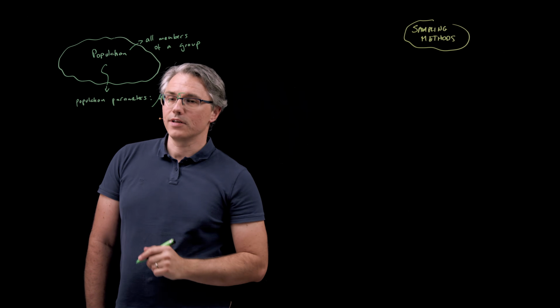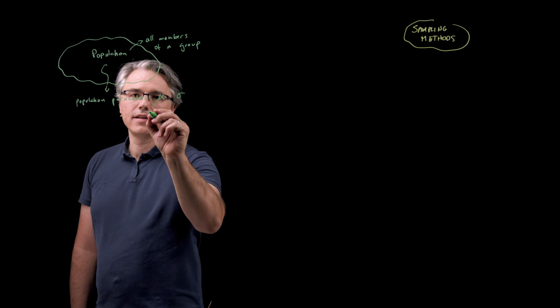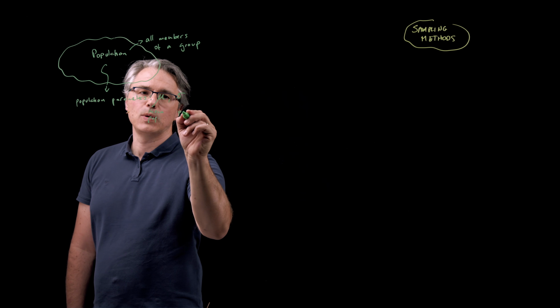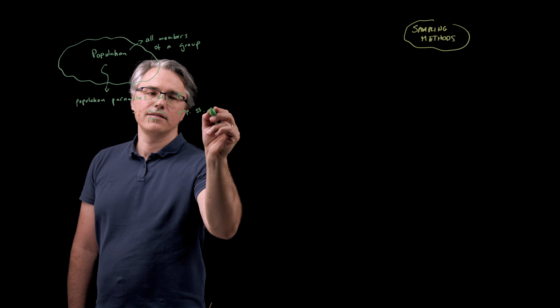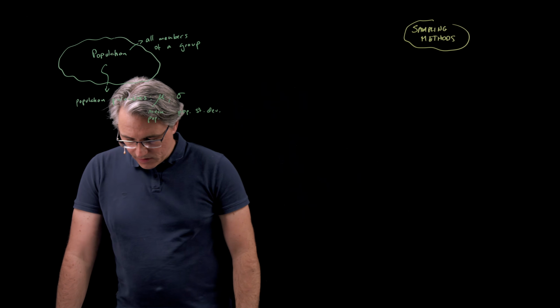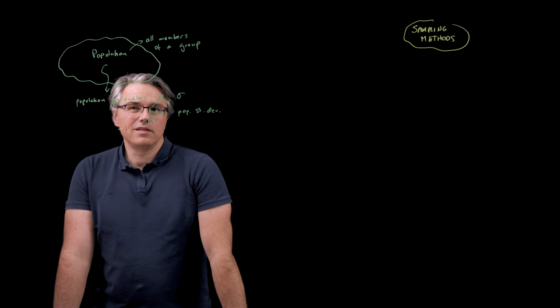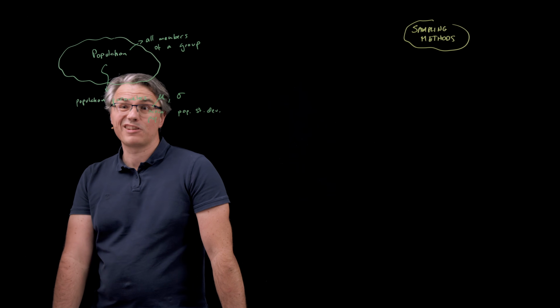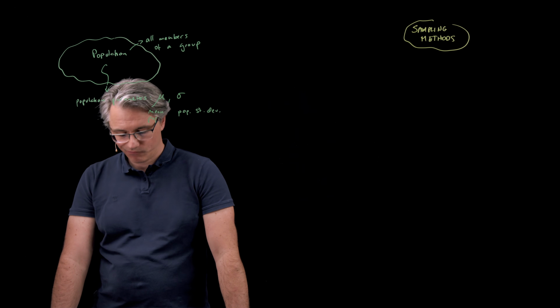Sigma is the Greek letter that denotes standard deviation. So let's say this is the mean of the population, and this is the population standard deviation. Okay. So these are quantities that we can compute which describe the population.